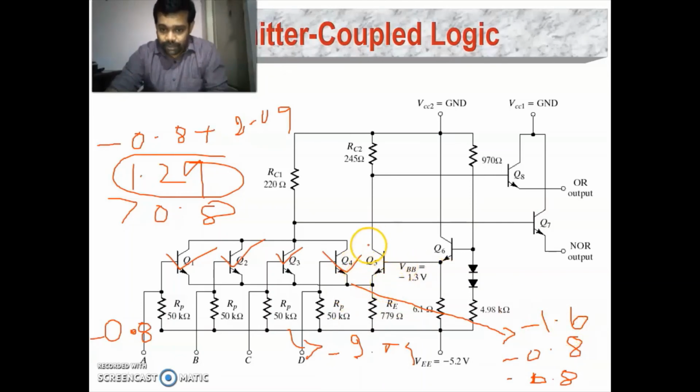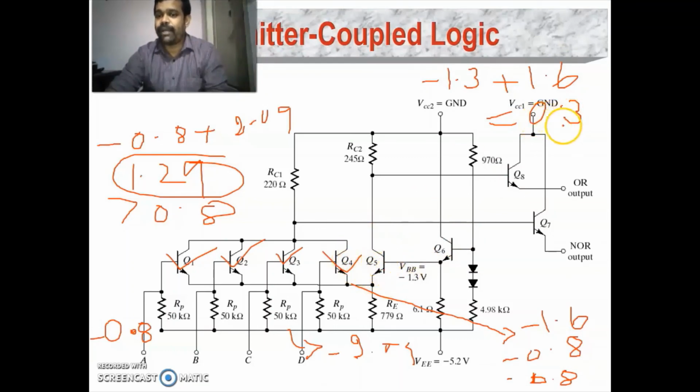Now, for this transistor Q5, its base is at minus 1.3, minus the emitter value of minus 1.6. Minus of minus is plus 1.6. So you are getting only 0.3. In order to conduct, this transistor needs more than 0.8.